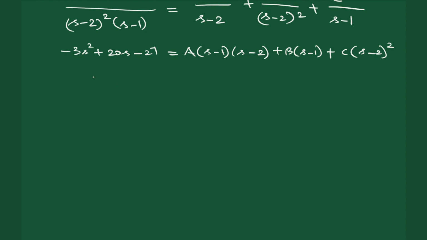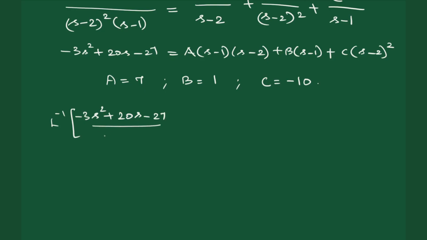So using the substitution method we can get a is equal to 7, b is equal to 1 and c is equal to minus 10, right? So the question can be written as L inverse of (minus 3s square plus 20s minus 27) divided by (s minus 2) whole square into (s minus 1).